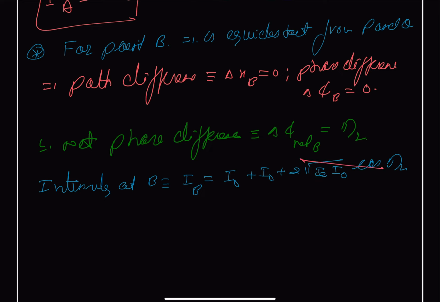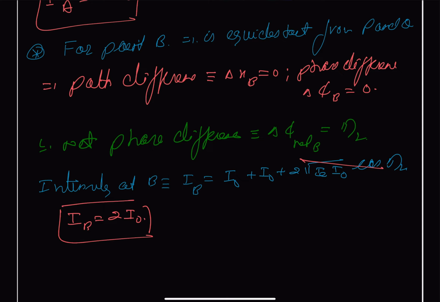So this term goes away, and we are left with IB equal to twice of I naught.